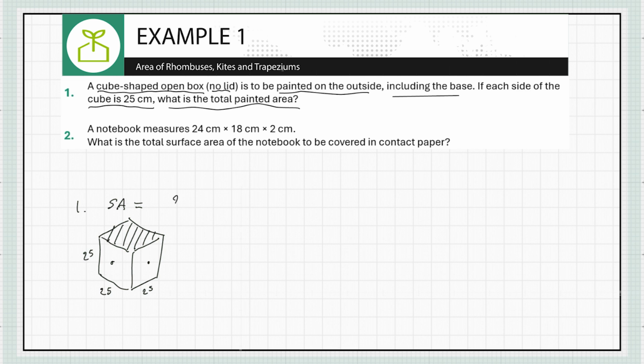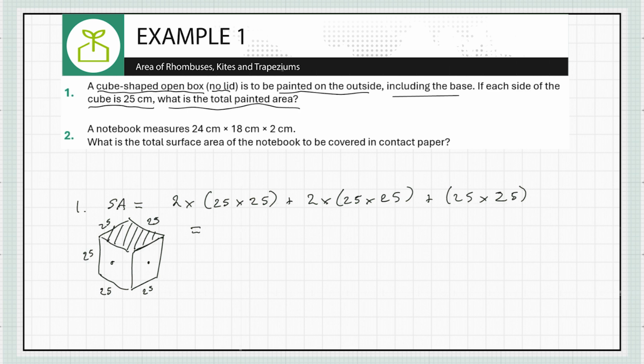So the end result here is going to be 2 times 25 times 25 plus 2 times 25 times 25, and then plus just one side of 25 times 25. This just recognizes that the top side here, 25 by 25, we're ignoring. We're not going to calculate the area for the top face.